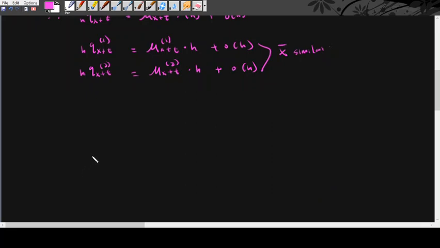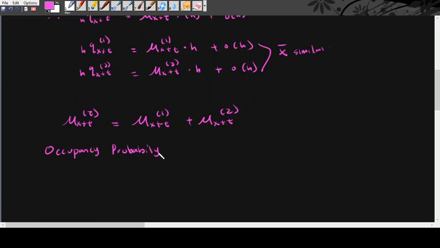We also know that in the double decrement cases, the total force of mortality mu x plus t tau equals to mu x plus t 1 plus mu x plus t 2, and then the occupancy probability, which is probability of x to remain in state 0, is tpx tau.